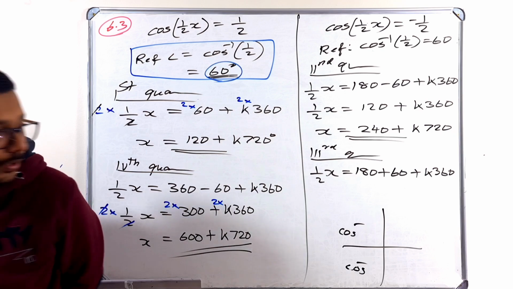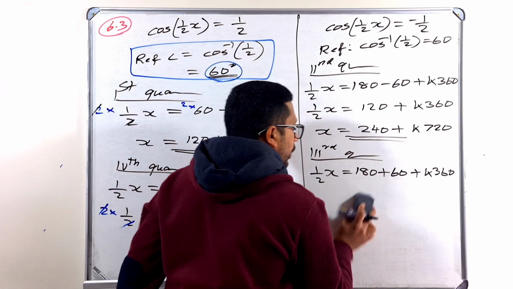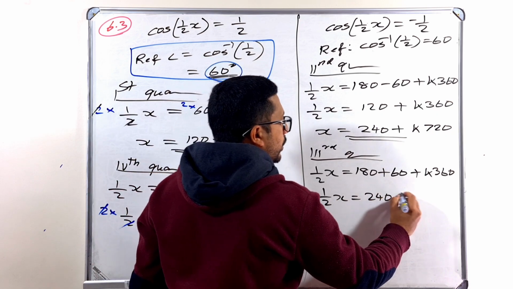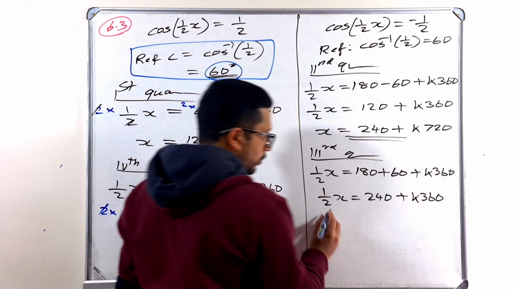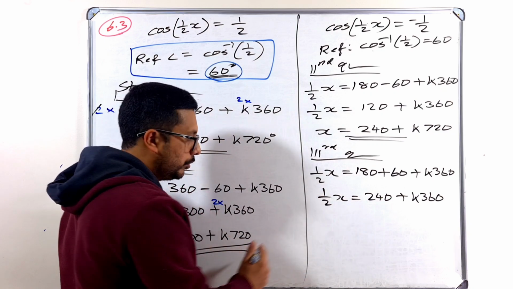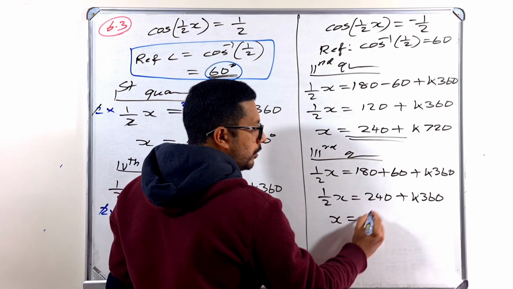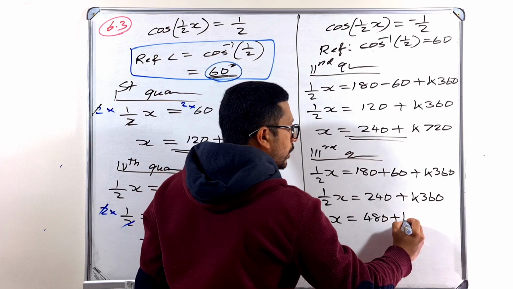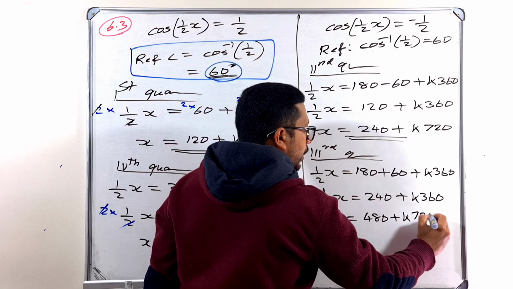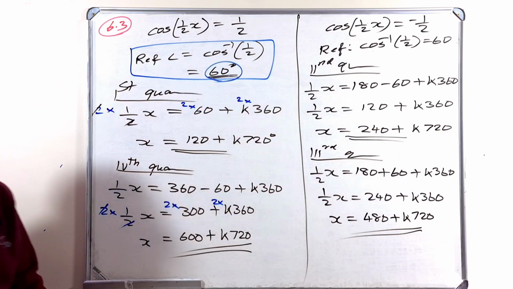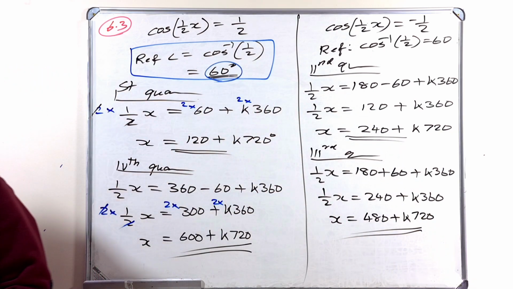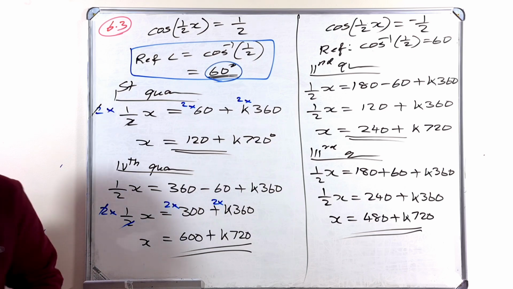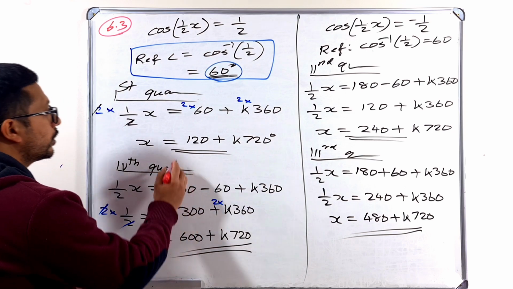So half x is equal to 240 plus k 360. Here also to find x, you multiply throughout with the 2. 2 cancel, x is equal to 240 times 2 is 480 plus k 360 times 2 is 720. So the next one is 480 plus k 720 degrees.